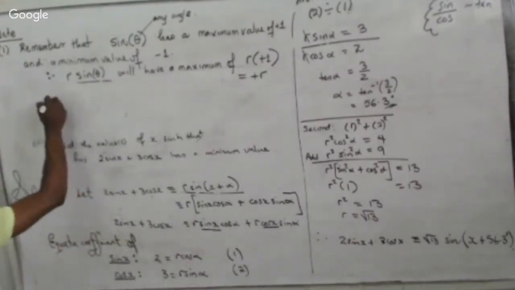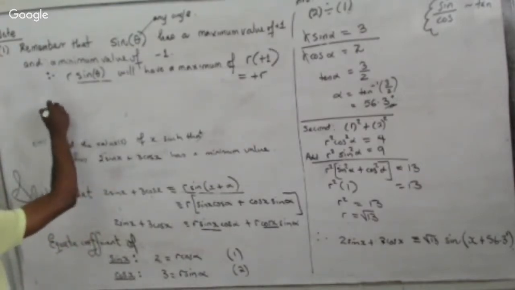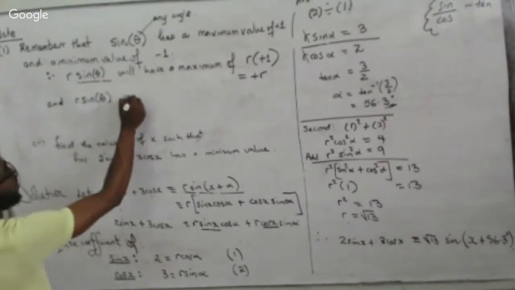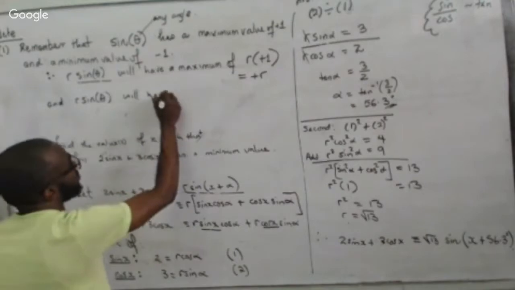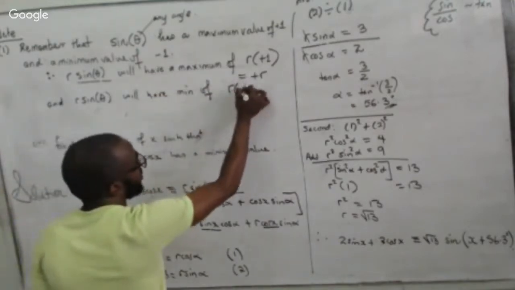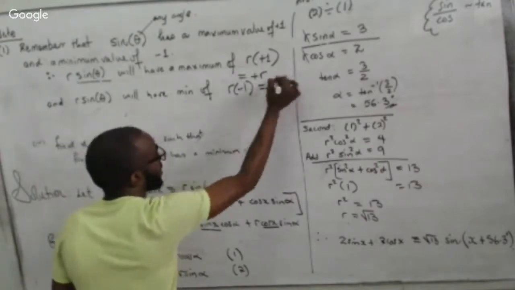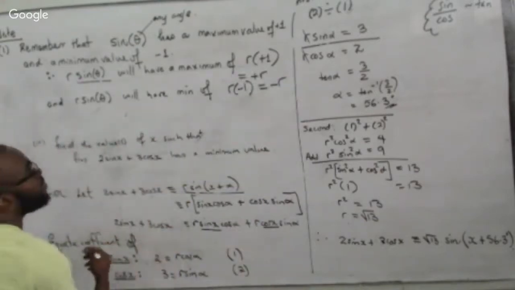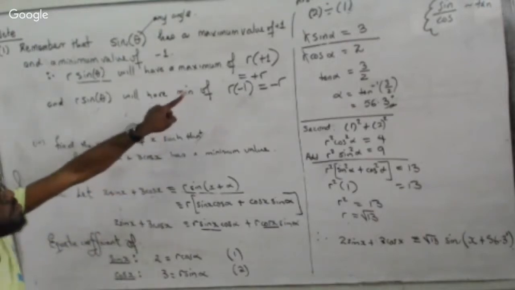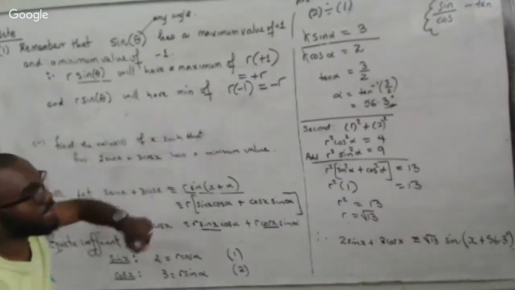So also r sine theta will have a minimum of r times -1, which is clearly -r. When you put it in this form, that's the beauty of it. You will always get plus r to be the maximum, minus r to be the minimum.